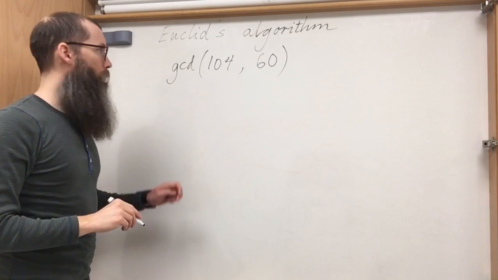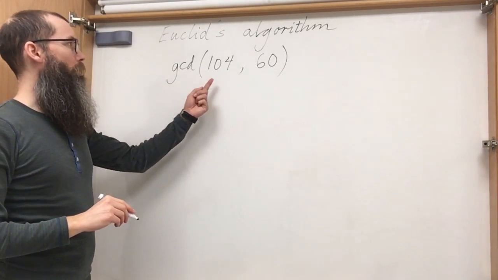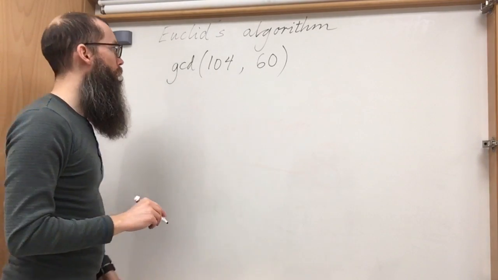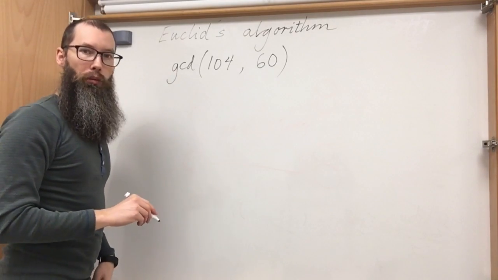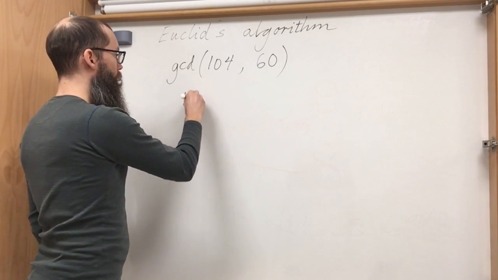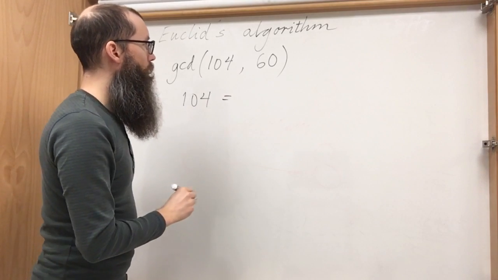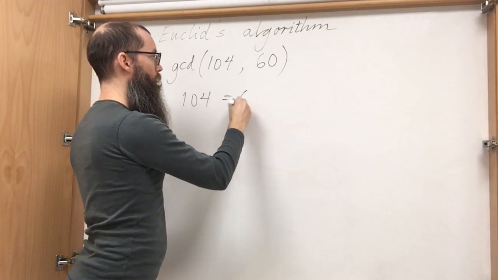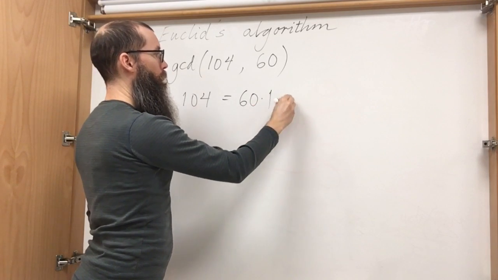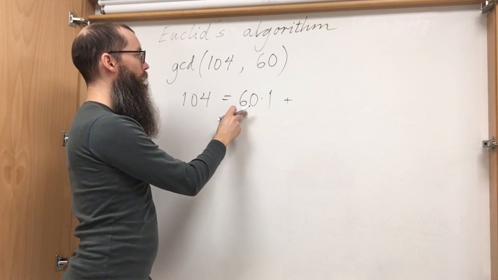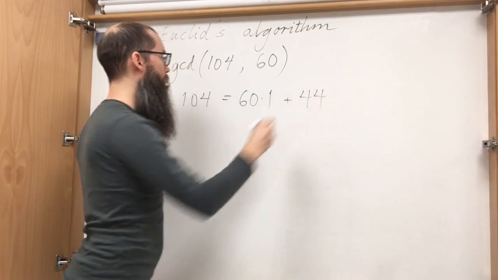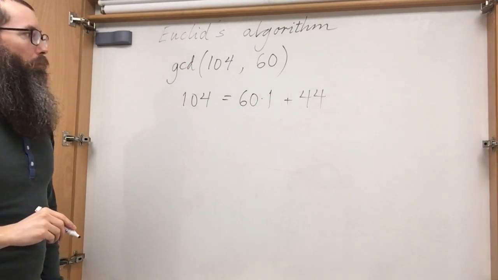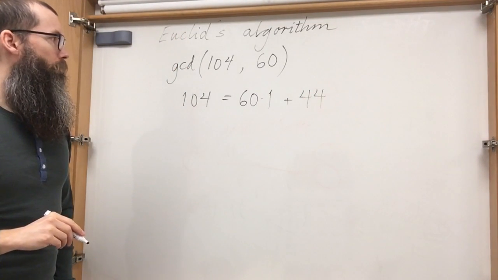Let's take an example where we try to find the greatest common divisor of 104 and 60. So I used the quotient remainder theorem to write 104 as an integer times 60 plus a remainder, which is less than 60. So in this case, it would be 60 plus 44.